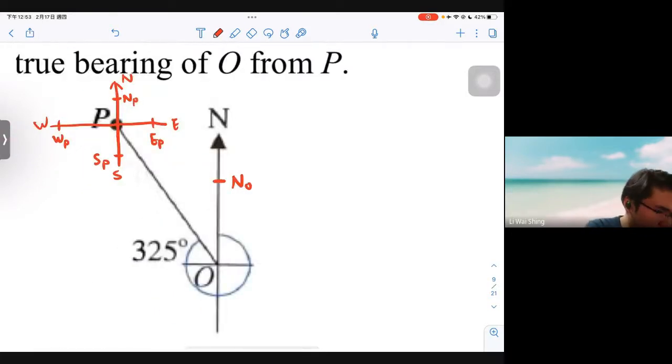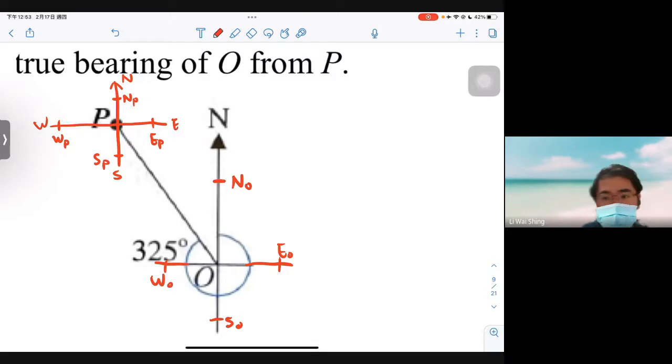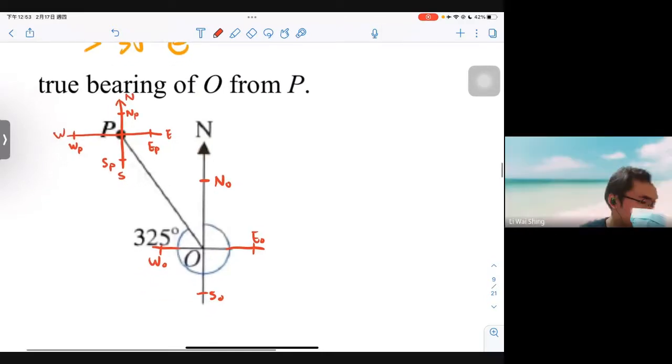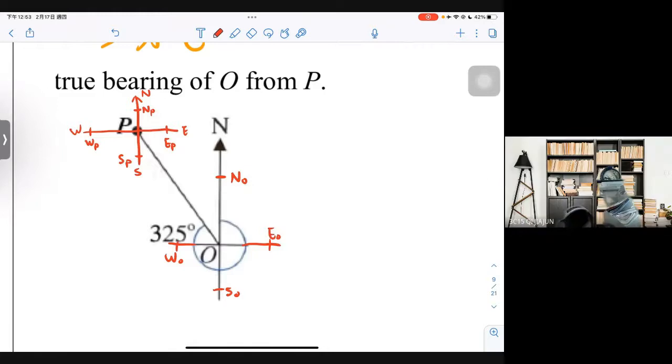North of O, east of O, south of O and then west of O. Okay, so number 15. The answer is 145 degrees. How to find that? 360 degrees minus 325 degrees plus 90 degrees.